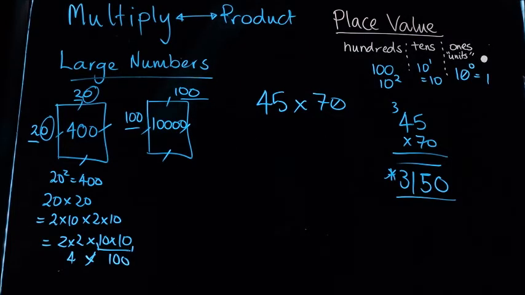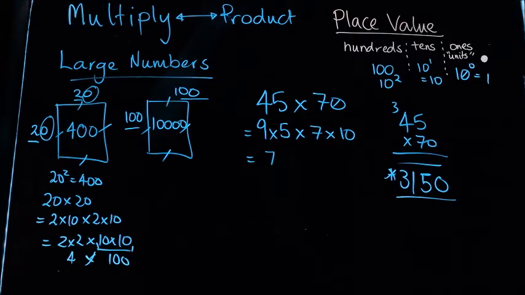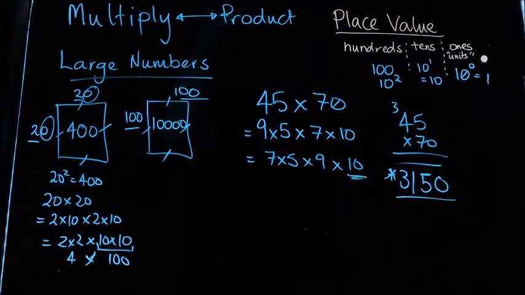As it just follows on from the skill from the previous video, I'm looking at 45 as 9 times 5 multiplied by 7 times 10. Now, just me personally, I find it a little bit easier to do this. I'm thinking about 7 times 5 times 9, and then eventually we'll just slap a 0 on the end of it.